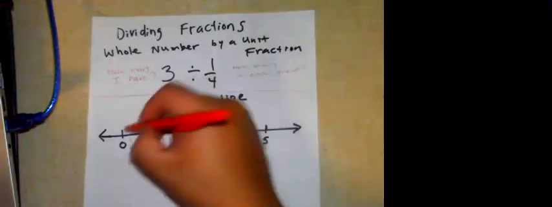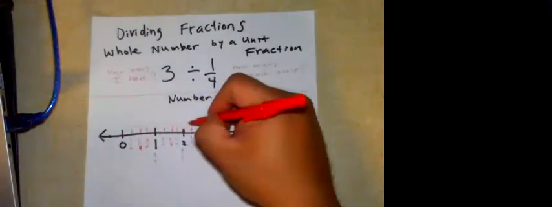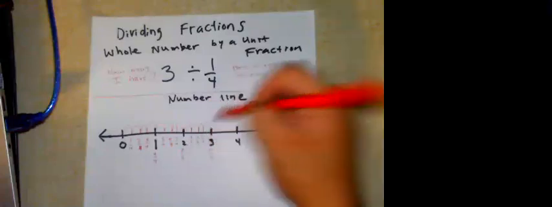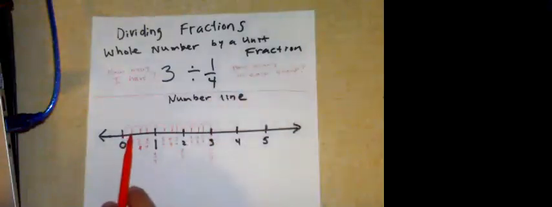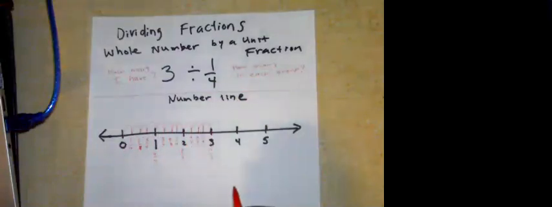Or you can go 1, 2, 3, 4, 1, 2, 3, 4, 1, 2, 3, 4, and you just count 1, 2, 3, 4, 5, 6, 7, 8, 9, 10, 11, 12. Okay.